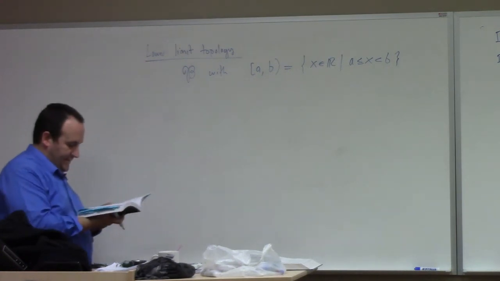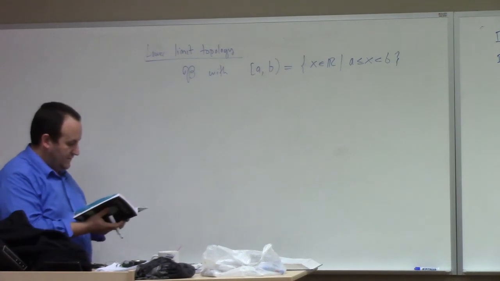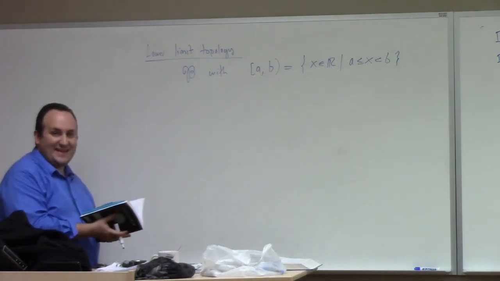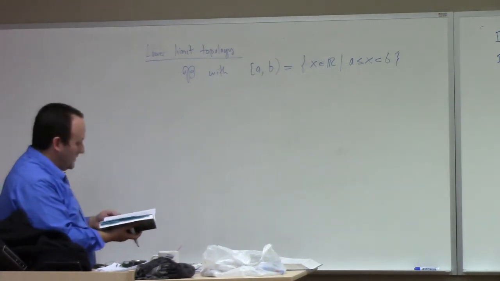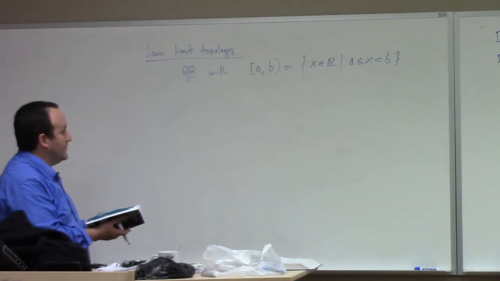So this forms the basis for what's called the lower limit topology, which is different, of course, than the standard one.